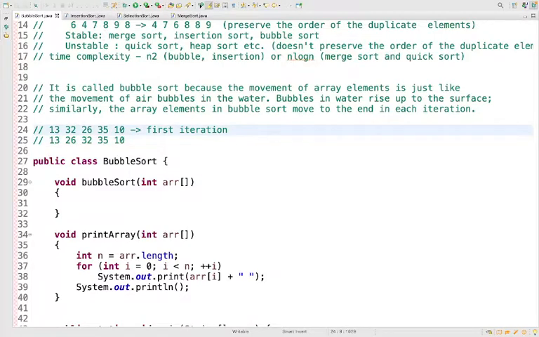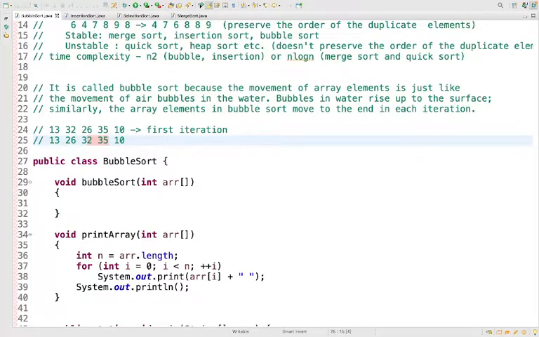We will first start comparing 13 and 32. We find that 13 is less than 32, so we don't need to swap. Then we compare 32 and 26. We find that 26 is less than 32, so we swap them. Then we compare 32 and 35.